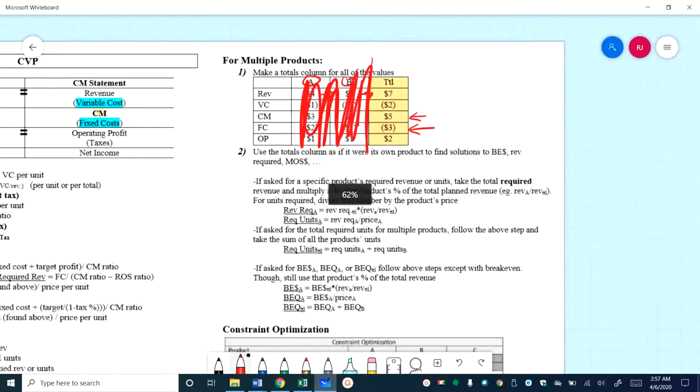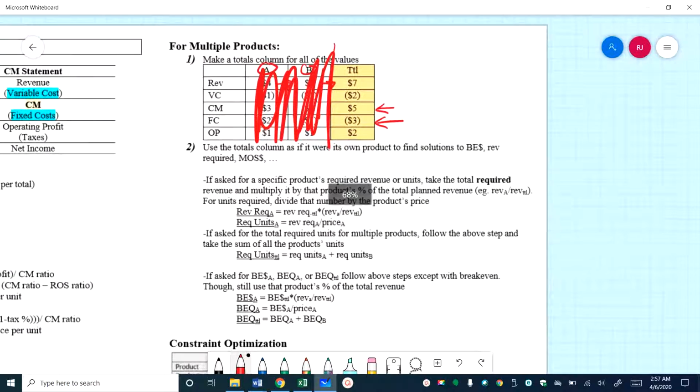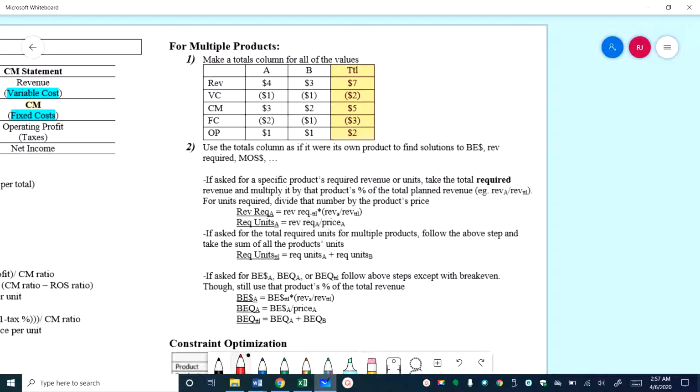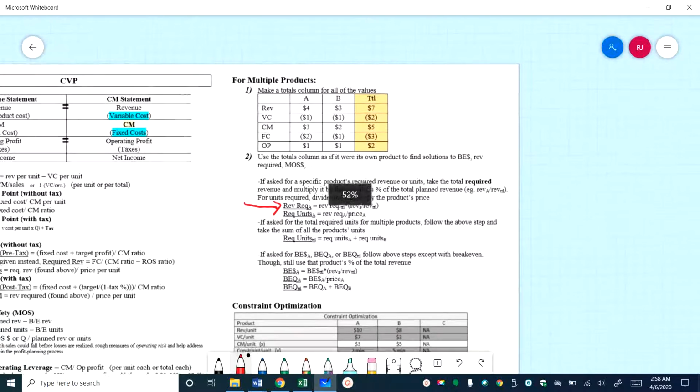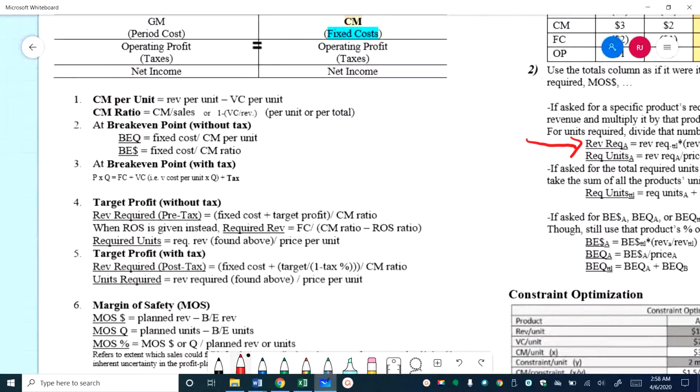Where this becomes a little more difficult is whenever it asks you for specific questions, such as what is the revenue required for A? Now, if you remember, revenue required is a target profit problem. So it's saying if we want a 600,000 operating profit, what revenue do we need?